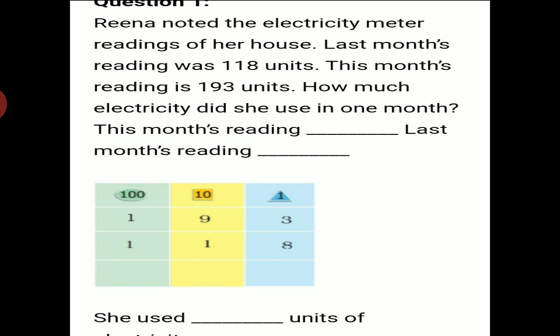So what you have to do is subtract last month's reading from the present reading. So again first you have to arrange the numbers in ones, tens and hundreds, and then you have to do the subtraction.